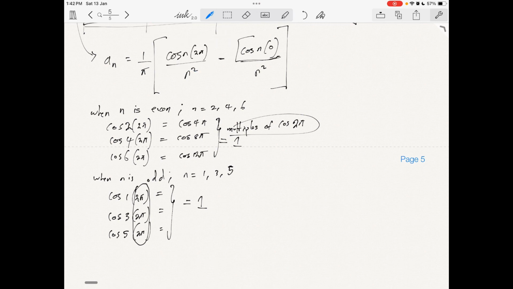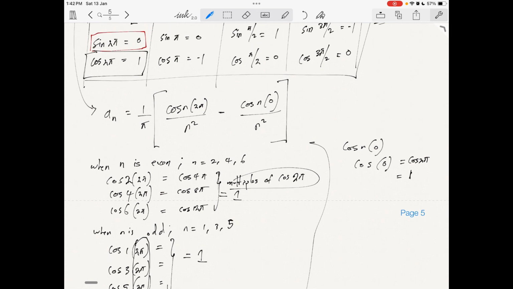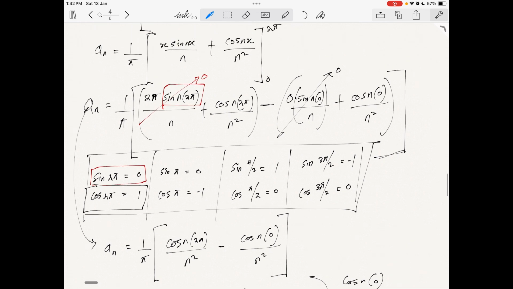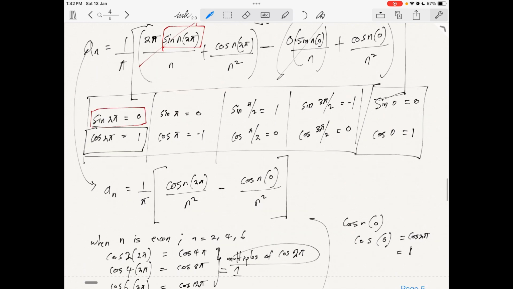What about for cos n of 0? Cos 0 in itself is the same thing as cos 2 pi, which is 1. Cos 0 is 1 and sine 0 is 0. Let's add it here. Sine 0 is 0 and cos 0 is 1.